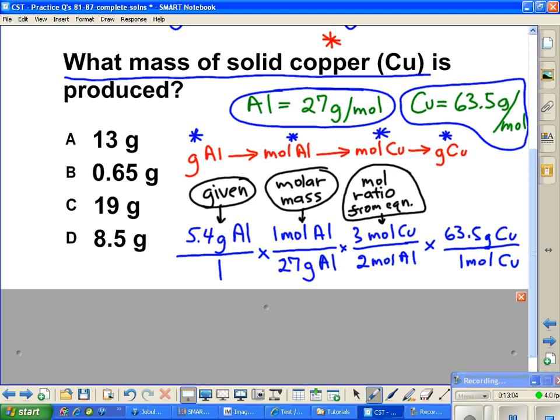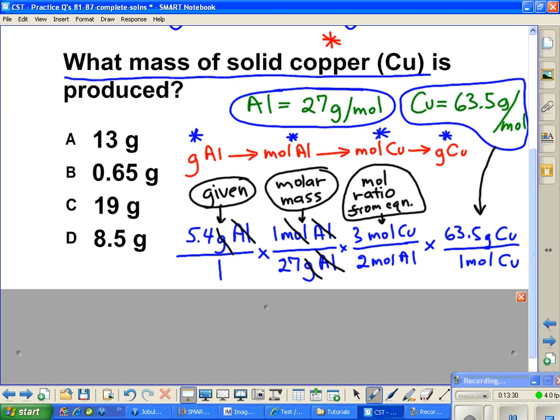And the last fraction comes from this guy up here, again, the molar mass. Now, why do we have this guy on top? Because that's what we were given. And this guy has to be on the bottom to cancel it out. This guy has to be on the top because that's the ratio of grams of aluminum to 1 mole.